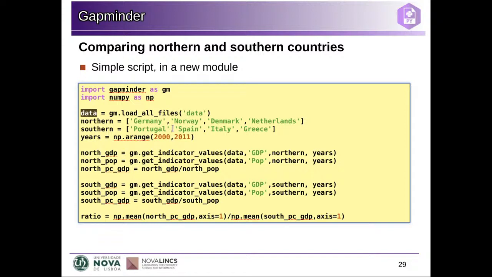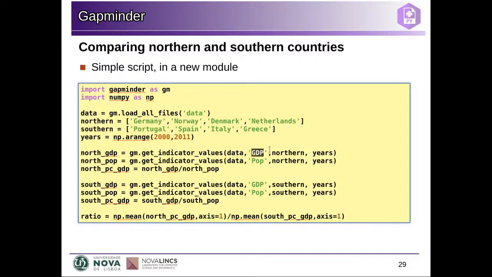This loads here into this object a dictionary with all the indicators that we have in our data folder. Now we're going to create two lists of countries, northern countries and southern countries in Europe. And we're going to choose these 10 years from 2000 through 2010. And we're going to get the values of GDP and population for the northern countries. So you see, we use the get indicator values of our data.